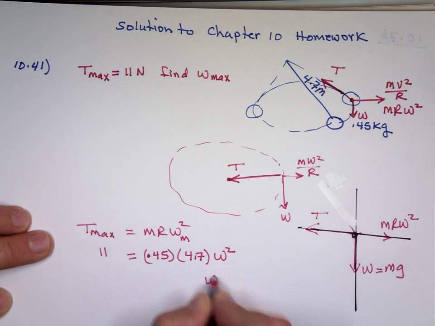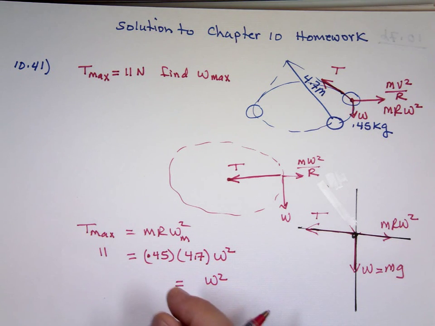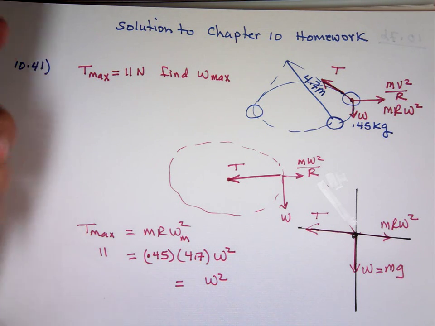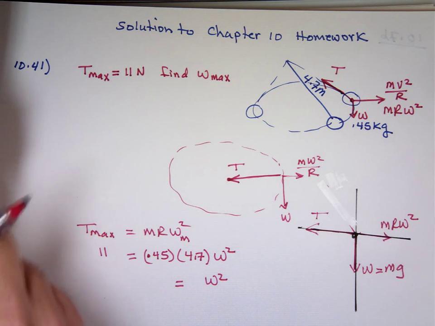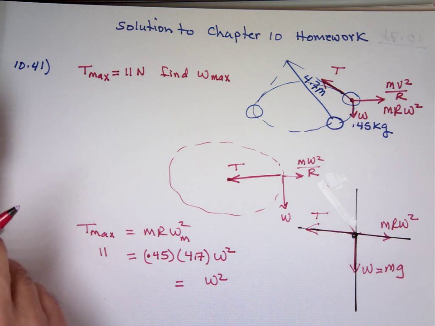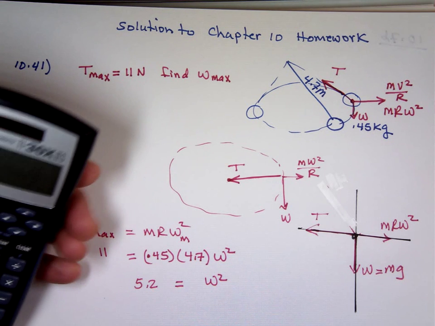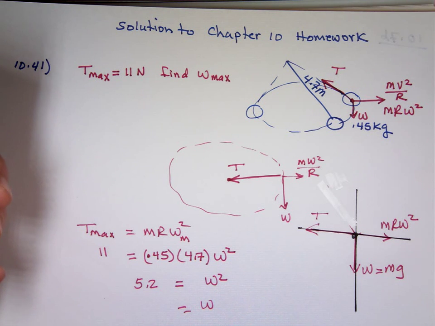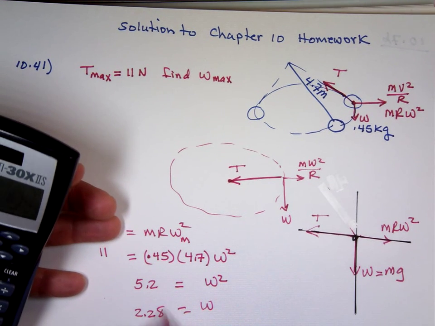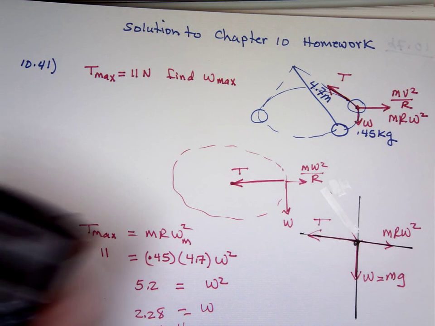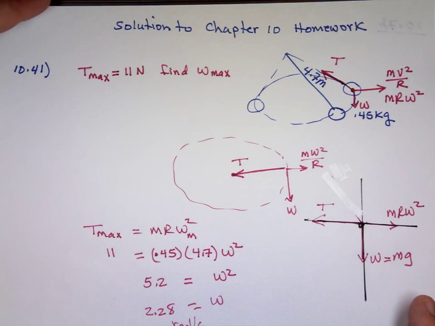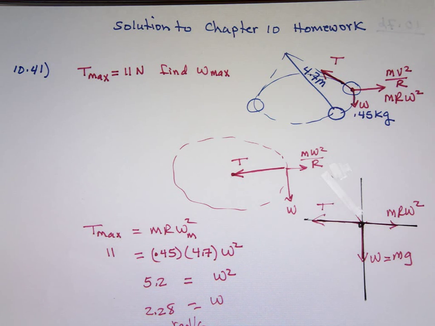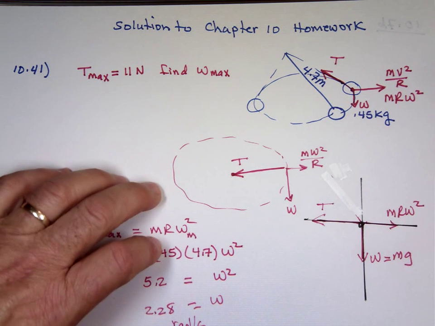Can we get what W squared equal to? 11 divided by that, it's 5.2, which means W is going to be the square root of that value, 2.28 rad per second. If they want to use two significant digits, W will be what? 2.3 rad per second. But that was the key, approximately horizontal.